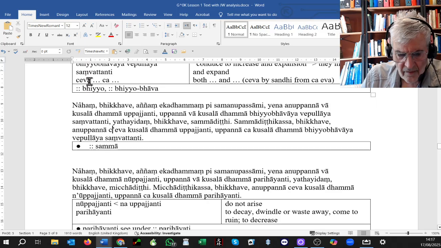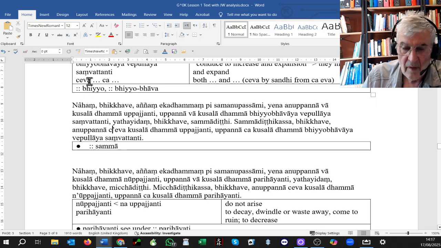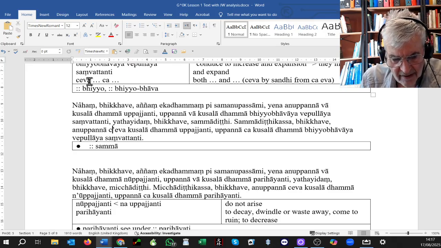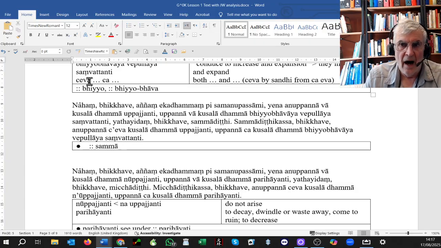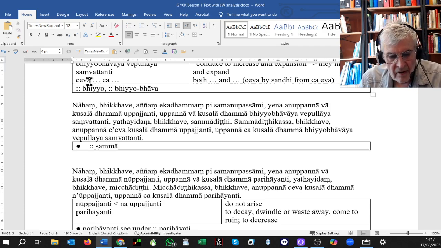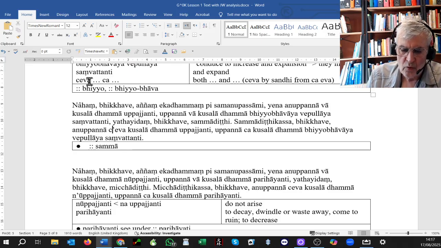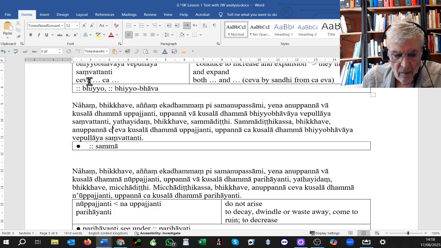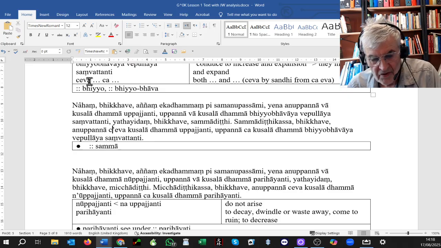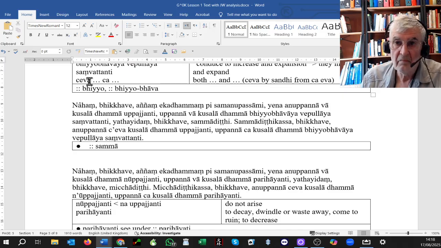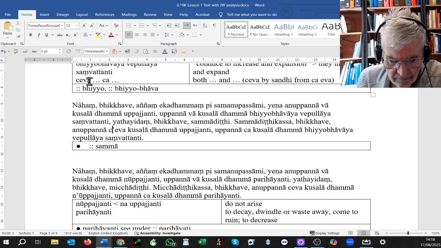So, sammaditthikassa bhikkave, for one of right view, O monks, anupanna cheva kusala dhamma uppajjanti, both unarisen, not yet arisen, skillful states arise, uppanna cha kusala dhamma biyo bhavaya vepulaya samvattanti, and arisen or already arisen skillful states increase and expand.